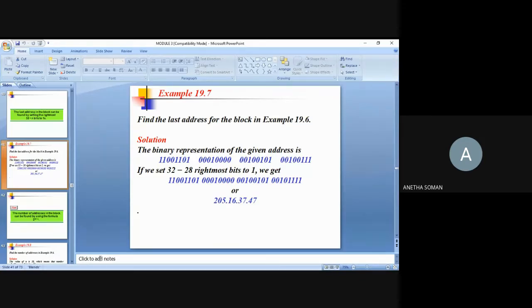Now I find 32 minus 28, and the answer is 4. So the last 4 bits I change to 1. Then you get the corresponding binary equivalent as well as the decimal equivalent. That is how the first address and the last address are found.